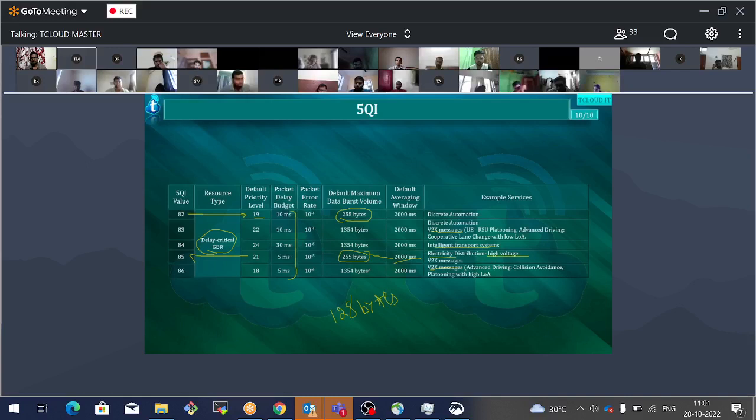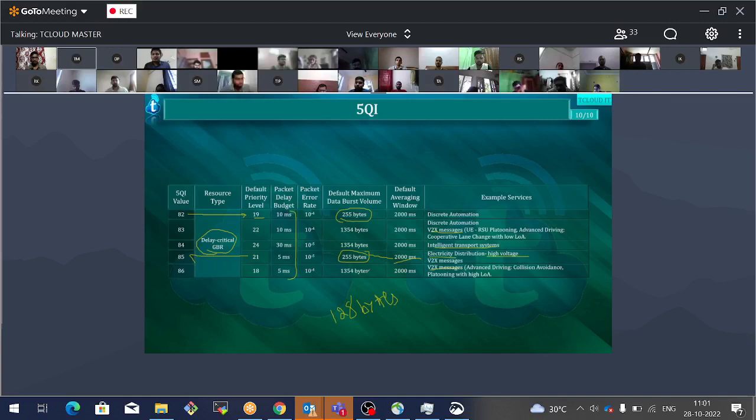Depending on what kind of delay critical application you are using, what kind of data rate it requires, or what kind of data burst volume it generates, you choose the corresponding 5QI value while bringing up the corresponding QoS flow. Here, you don't have the availability to send as much data as you want, like an infinite amount of data.